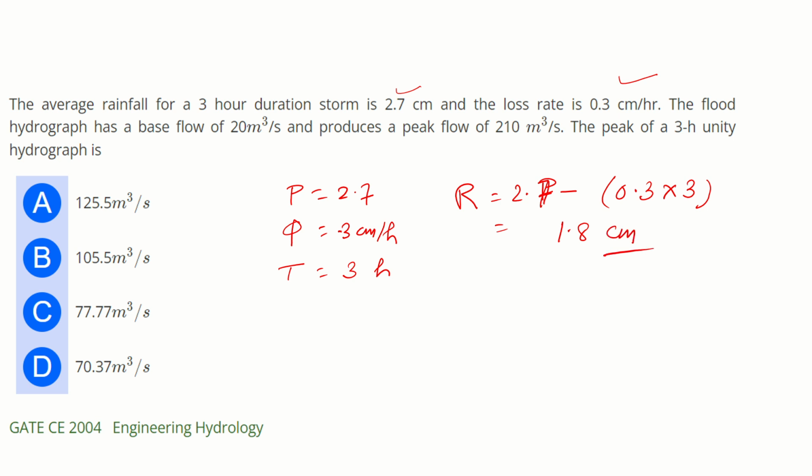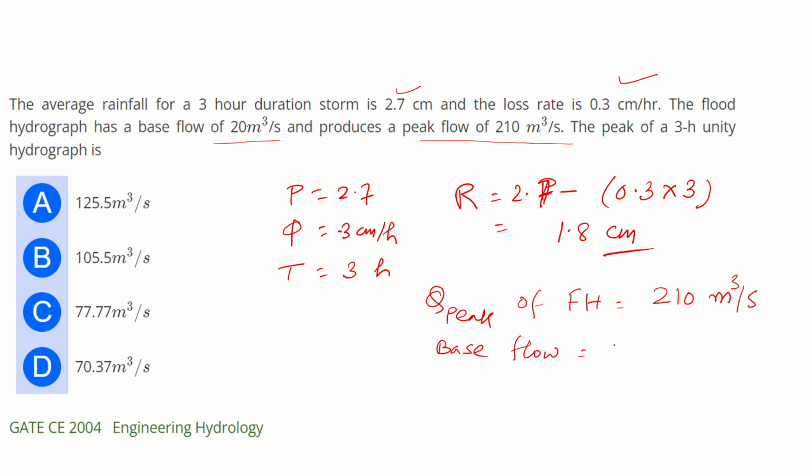Okay. Now what is given? Flood hydrograph has a base flow of 20 meter cube and a peak of 210 meter cube. So the peak of the flood hydrograph, Q peak of FH, is 210 meter cube per second. Base flow is given, base flow is 20 meter cube per second.